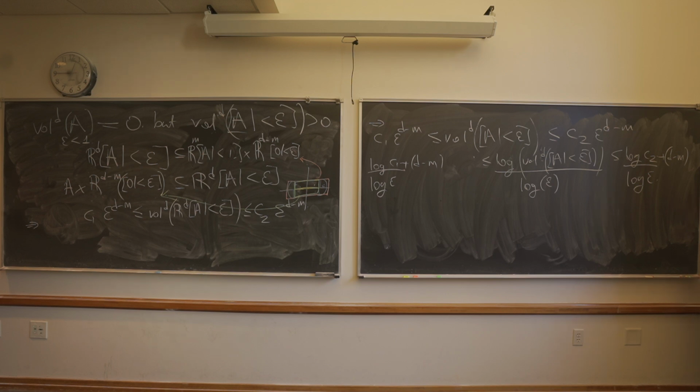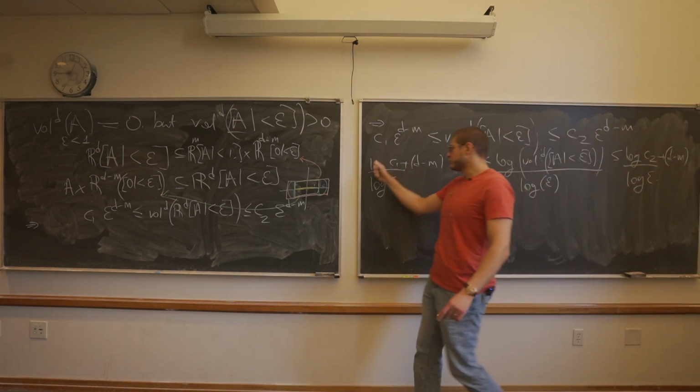Okay, so now if I take epsilon to 0, the numerator is some constant that doesn't depend on epsilon. It might depend on dimensions and stuff like that, but it certainly doesn't depend on epsilon, which means that as I take epsilon to 0, log of epsilon is going to go to negative infinity, which means that this is going to go to 0. And likewise, this too is going to go to 0.